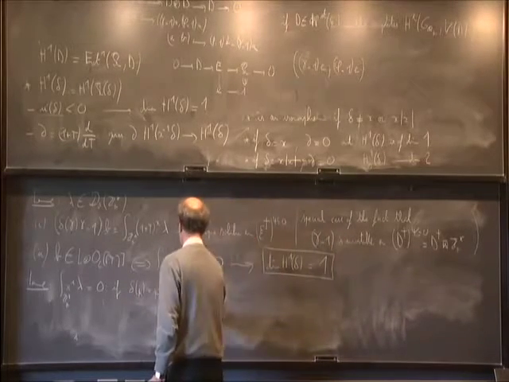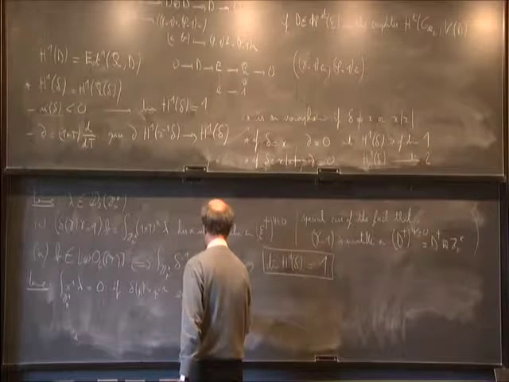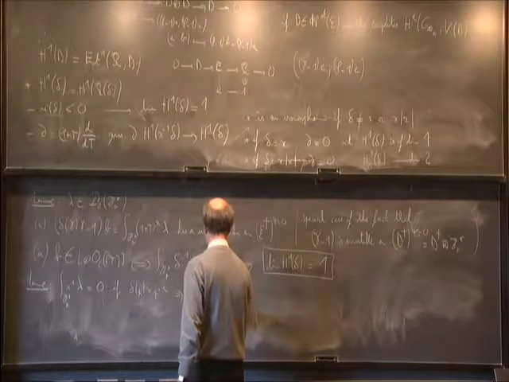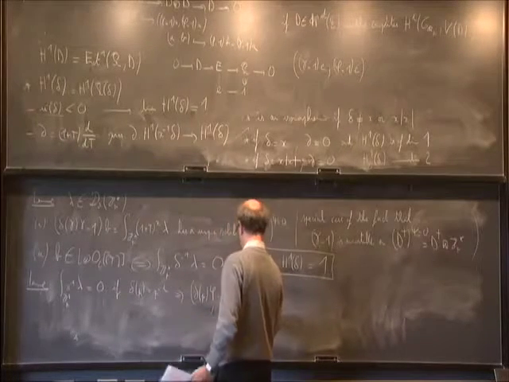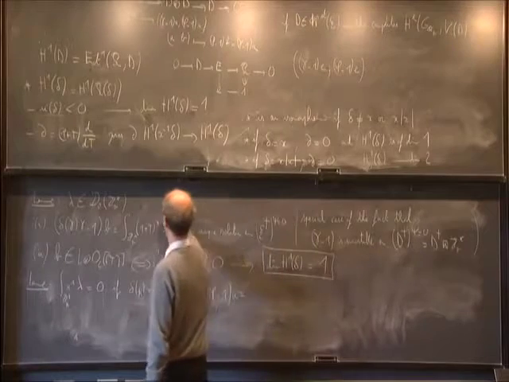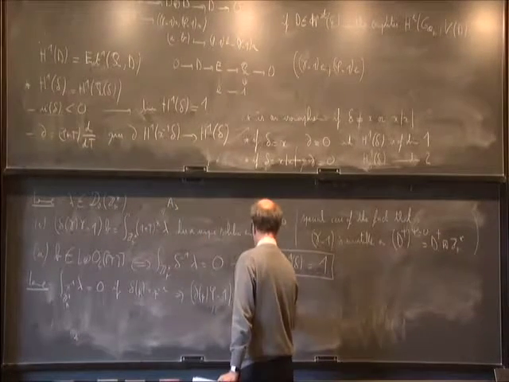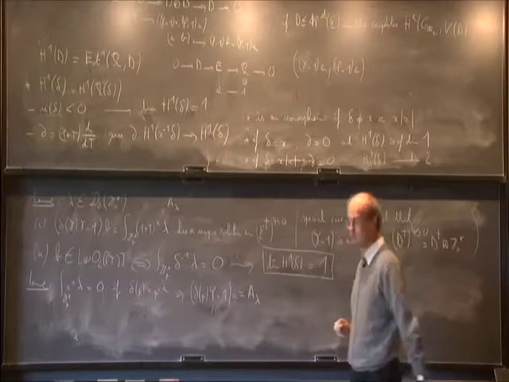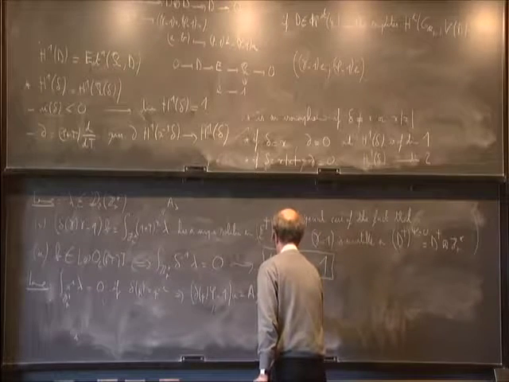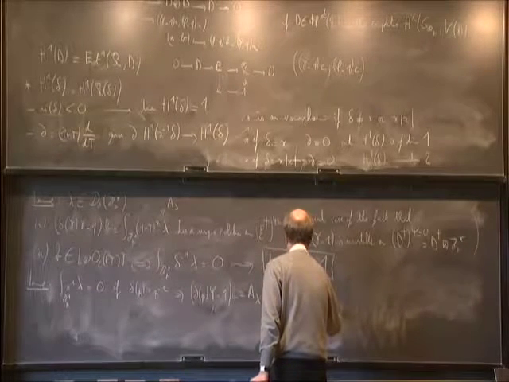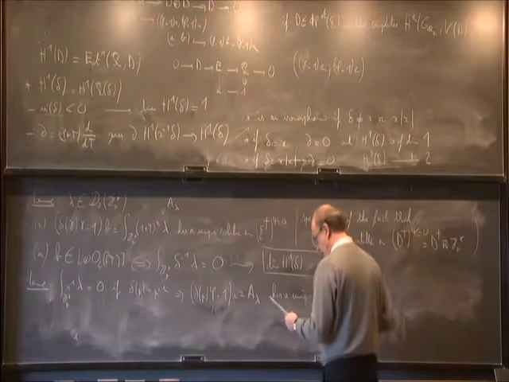Then this implies that if you want to solve the equation (delta of p phi minus 1) A equals A lambda, then it has a unique solution in R plus.